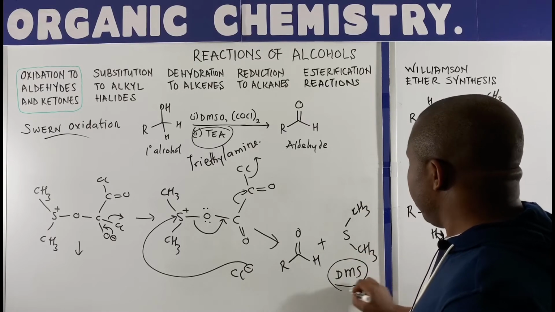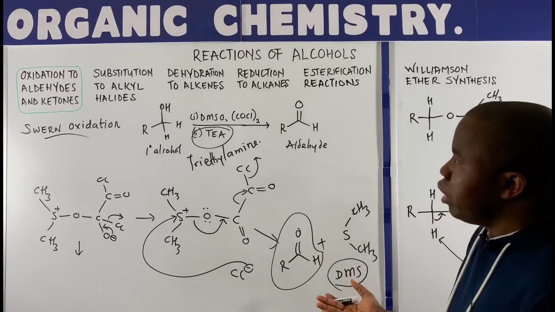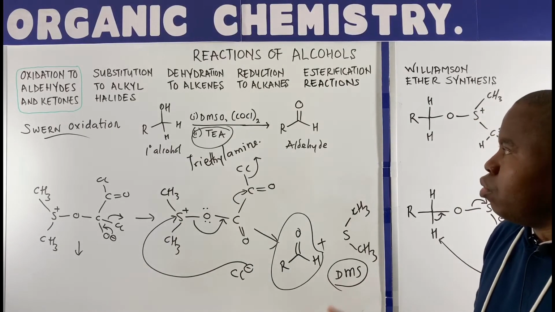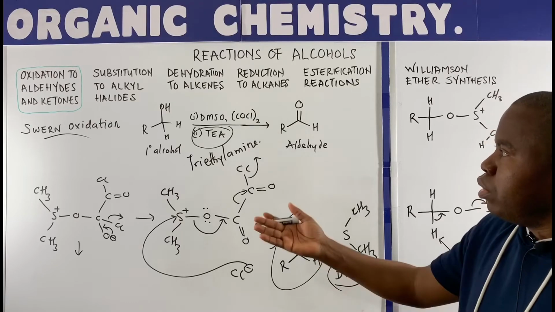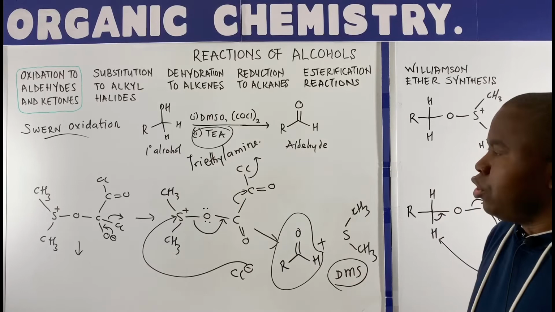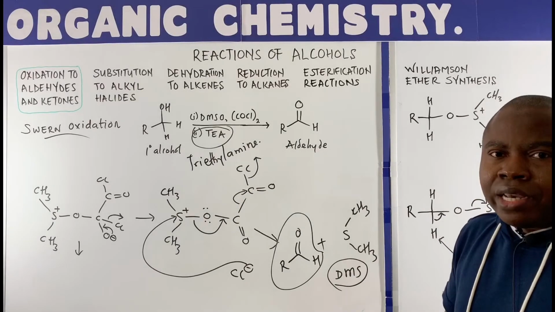This is the byproduct. These are the desired products. So this is how we use the Swern oxidation method to oxidize alcohol, and we can use the Swern oxidation method to do the oxidation of both the primary alcohol and the secondary alcohol, just as in the case of when we use chromic acid.